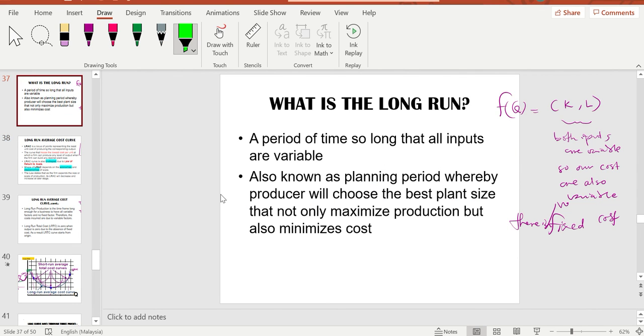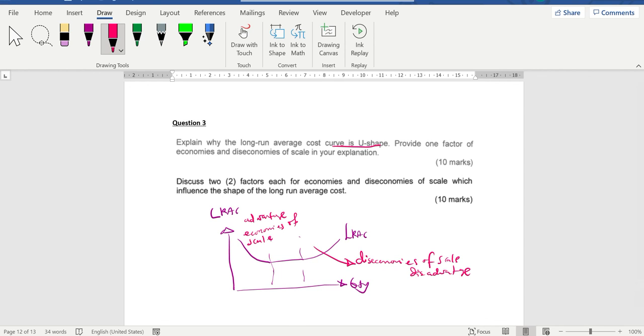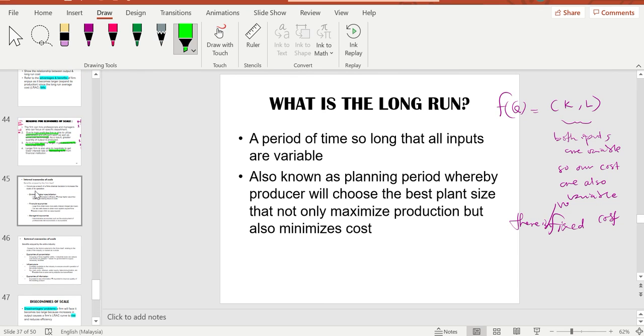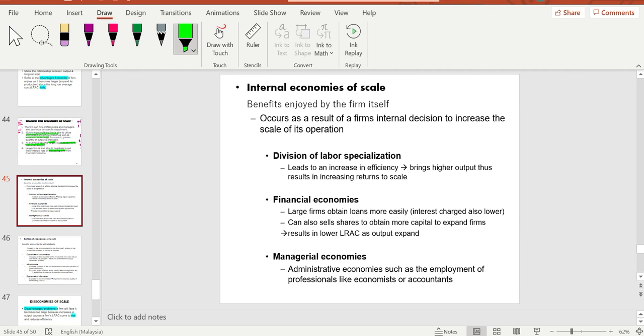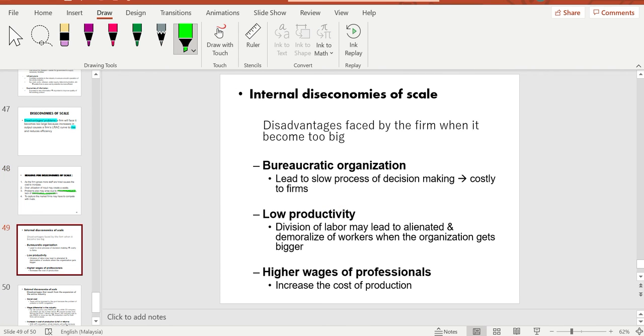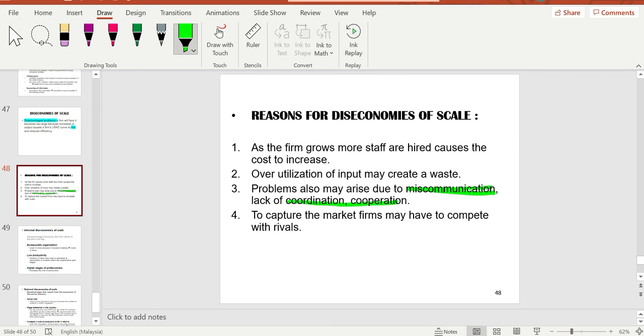Okay, so next question, you kena explain 3.2. Provide one factor of economies and one factor of diseconomies of scale. Kalau one factor tu, you kena buat yang ni lah. Internal factors, ambil division of labour and then explain the further explanation inside the textbook. Untuk ni kena ambil yang ni, bureaucratic organization ataupun low productivity, up to you lah nak ambil yang mana. Tak boleh ambil yang ni sebab yang ni yang broad.